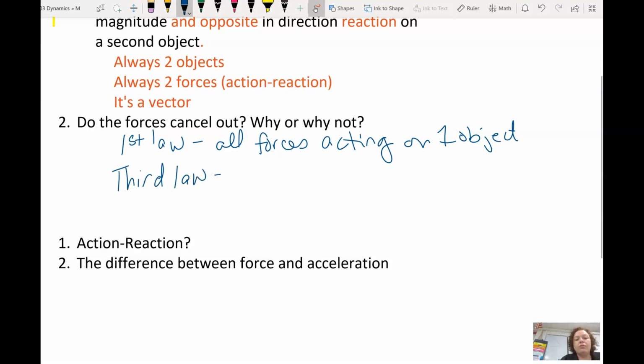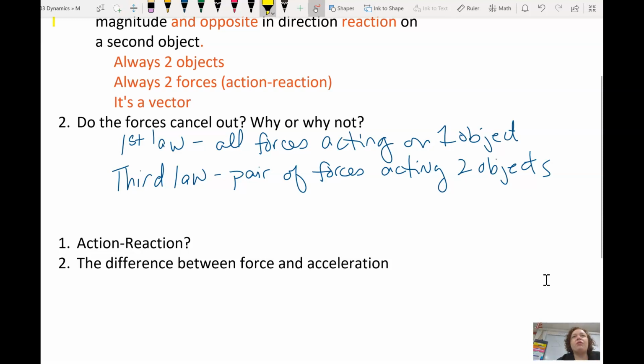Third law is a pair of forces acting on 2 objects. So this is how you can tell if you're dealing with a first law problem or a third law problem. If they're talking about how things relate to one object, it's a first law problem, most likely. Or if it's 2 objects, it's a third law.